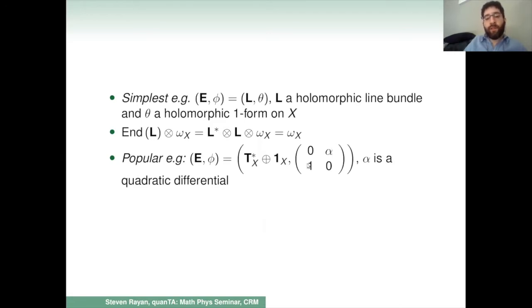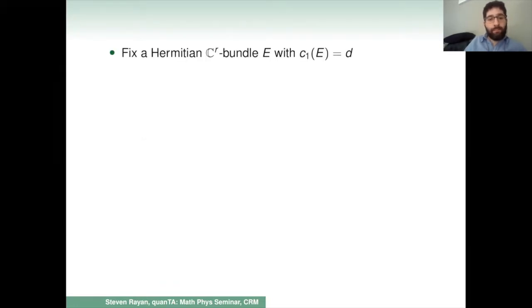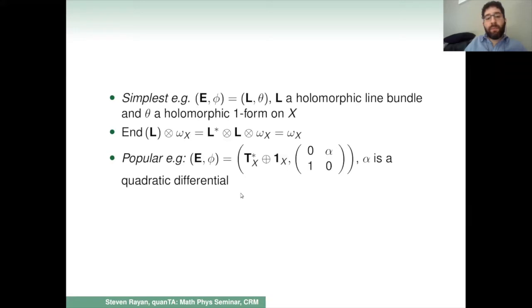So the 1 here is going from T star to 1, but then tensor T star. So that's from T star to itself. I can just take that map to be the identity. The other map is going from 1 to T star, tensor T star. So this is actually a quadratic differential, like a sort of square of a one form locally, if you like. So this is a popular example. It connects to uniformization of Riemann surfaces.